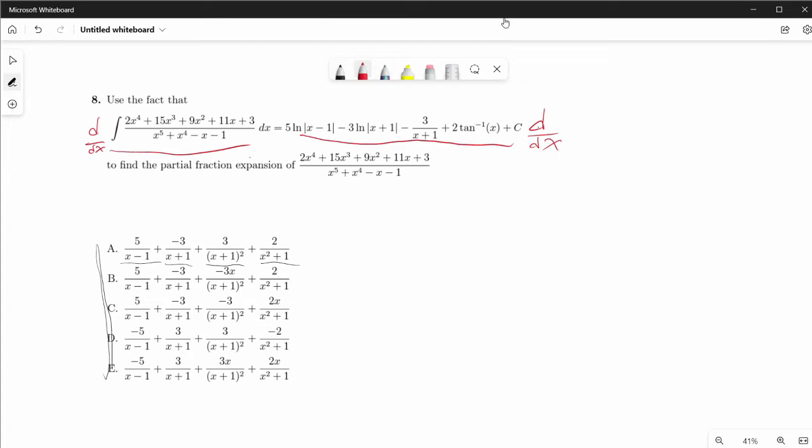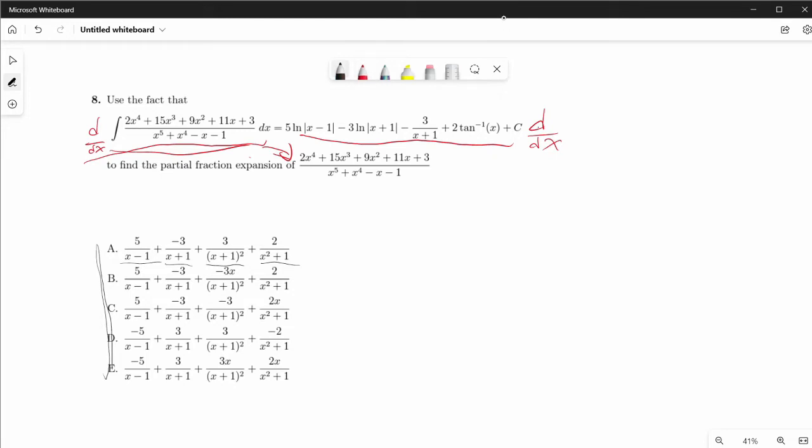Then we have this. This is the part that becomes this, right? The integral is gone, so now we just have the fraction. And over here, when we solve this thing, whatever the derivative of this thing is, it would just become the partial fraction expansion.